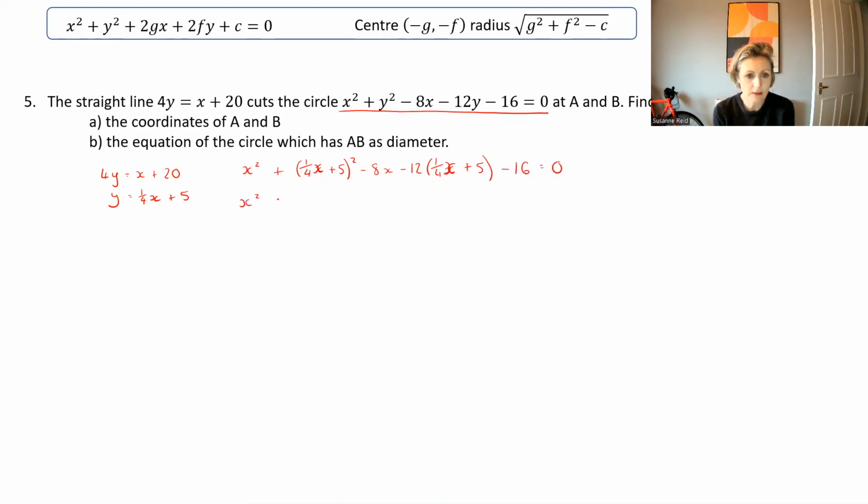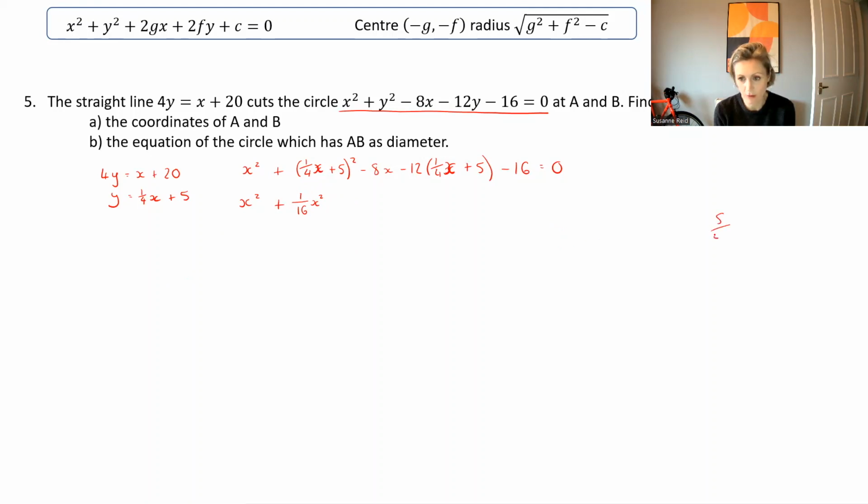So that's x squared plus, so squaring a quarter x, we square the top, 1 times 1 is 1. We square the bottom, 4 squared is 16, and the x squared. Twice the product, so 5 times a quarter x is 5 over 4x, okay?